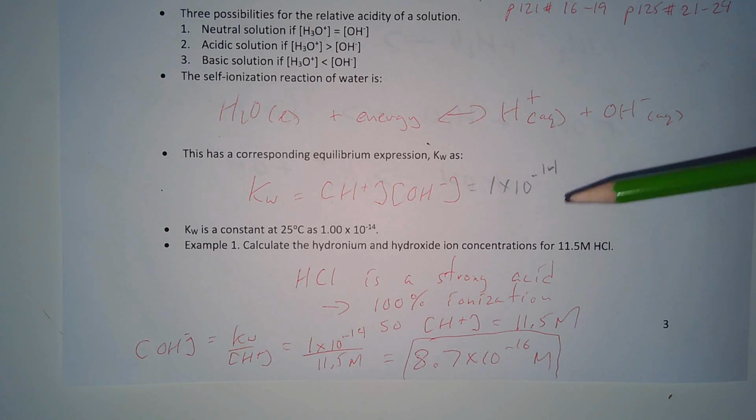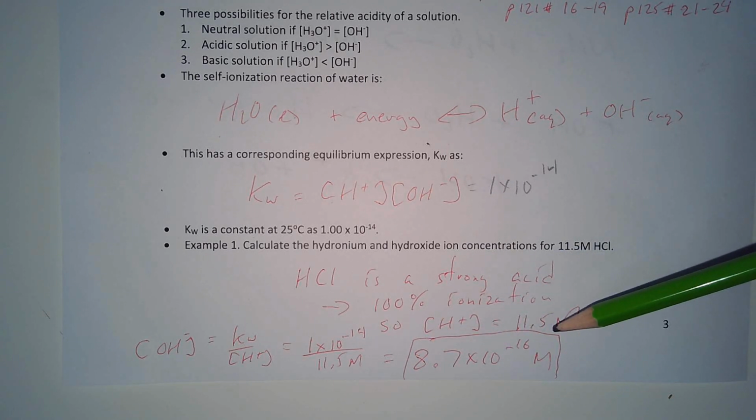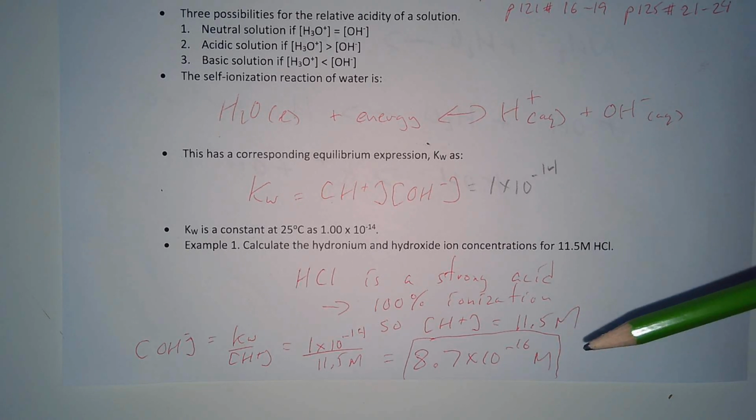That's 1 times 10 to the negative 14 divided by 11.5, which is going to be 8.7 times 10 to the negative 16 molar. So that's your hydroxide. What that's saying is your hydroxide is very little, which you would expect when you're talking about a strong acid. But the key thing here is that it's still there.